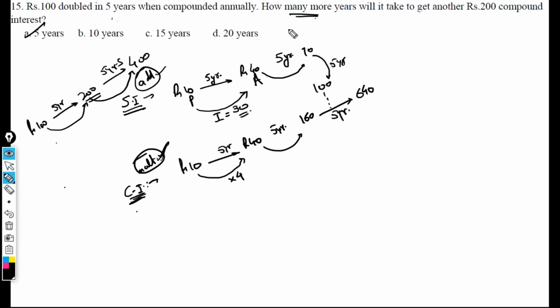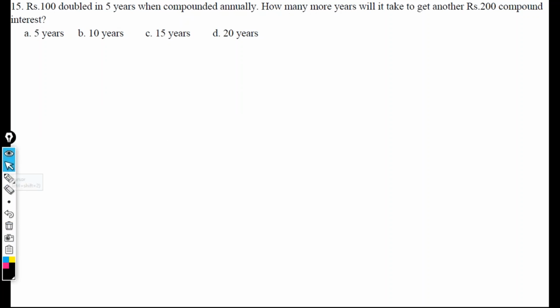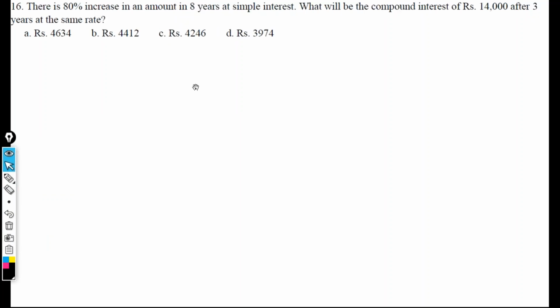Yes, Pranay. I hope this concept is clear to each and every student. Any doubt in this? Do tell me. Okay, good, good. Okay, then be quick.